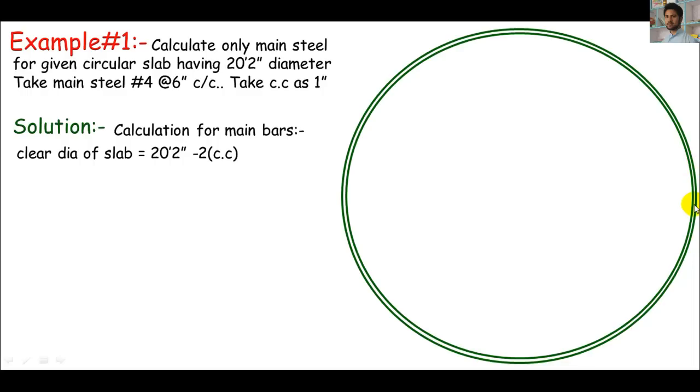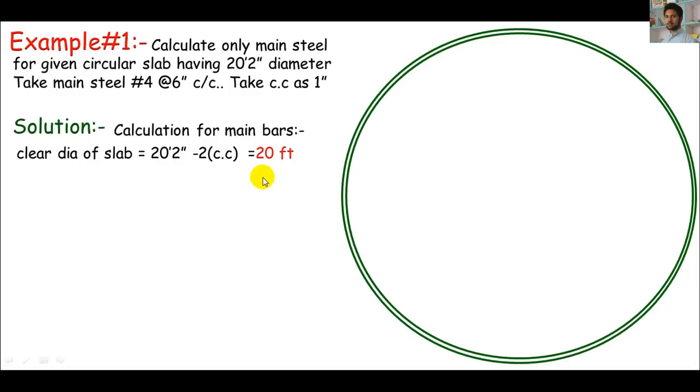Then I can get the clear diameter for our bars. What do you get? It's 20 feet 2 inch negative 2 times concrete cover. The concrete cover is only 1 inch, so I subtract 2 inch from this, and you get 20 feet, which is the clear diameter of the slab.